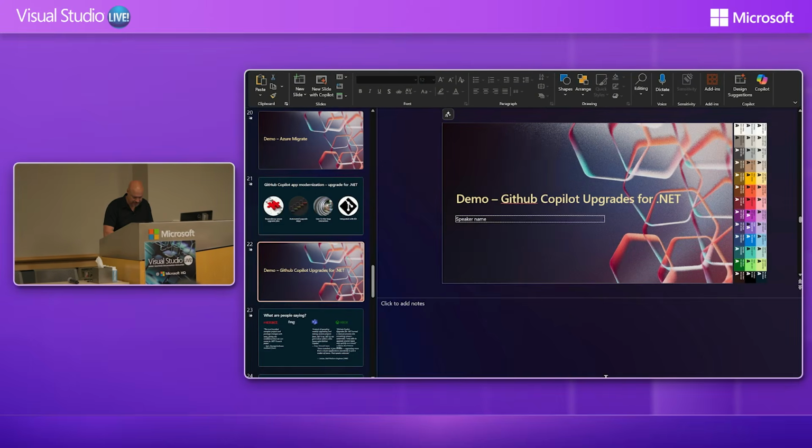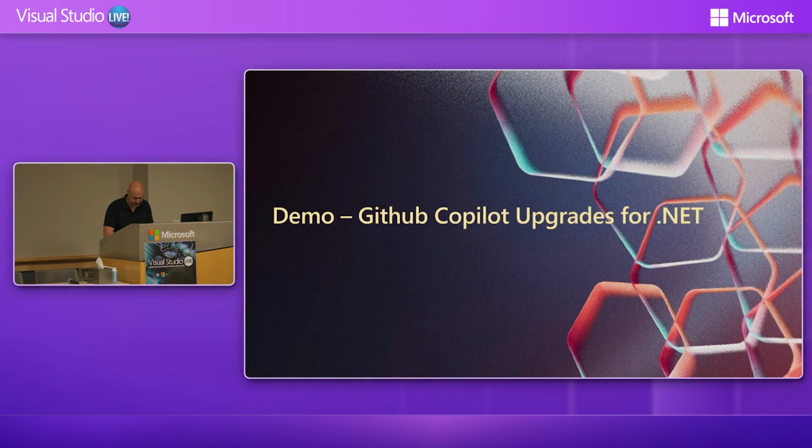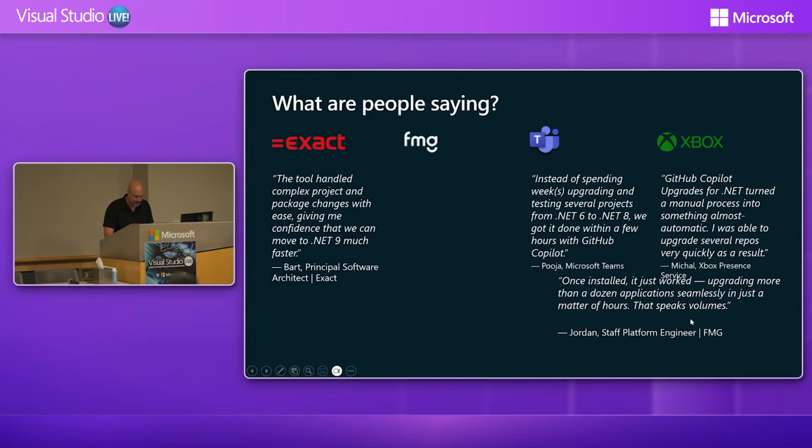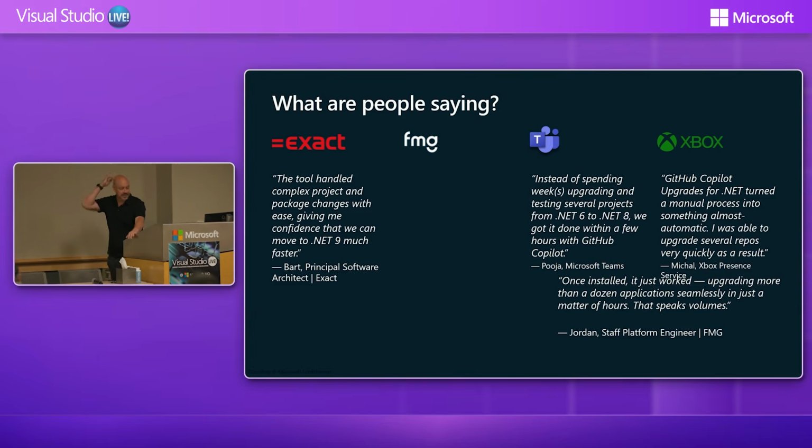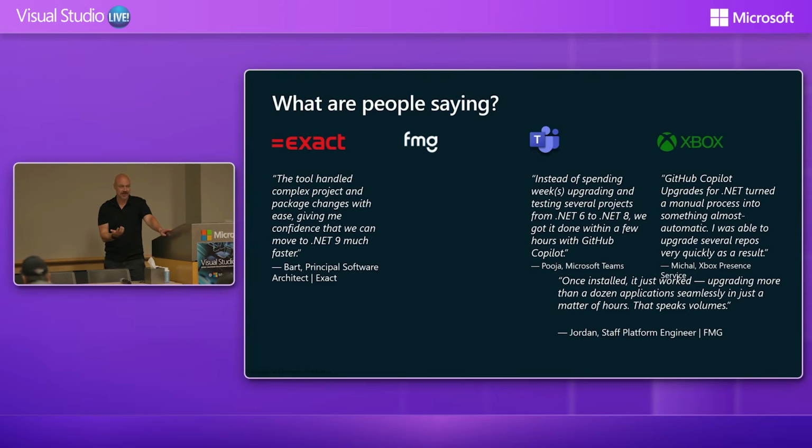We're at 10-ish minutes left, so let's go into this. This is something that customers are using. Both internally, like Teams and Xbox, we use .NET a ton at Microsoft.